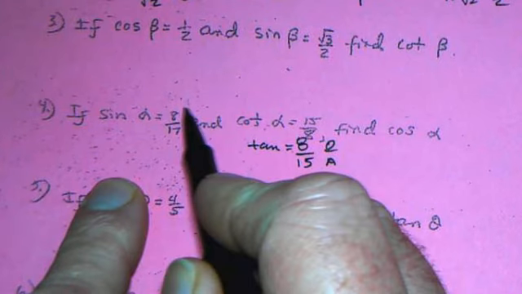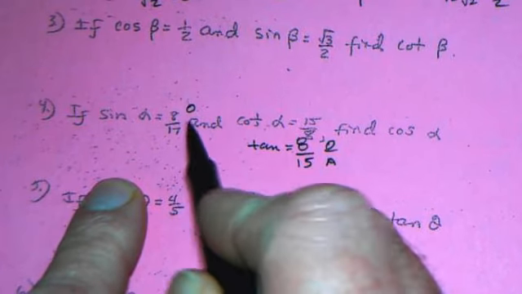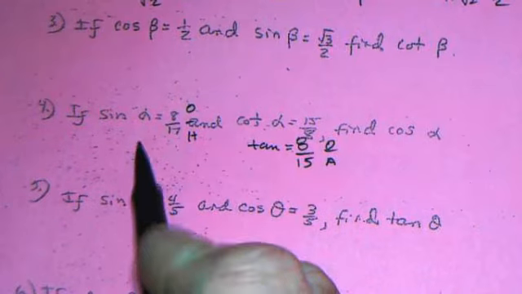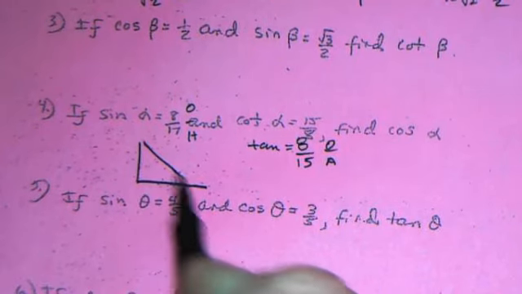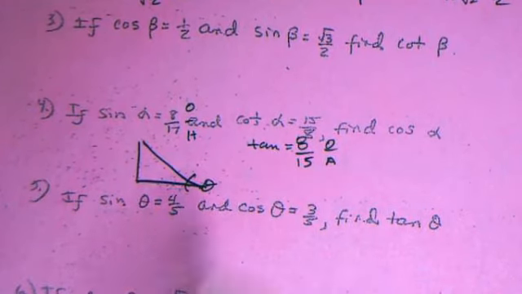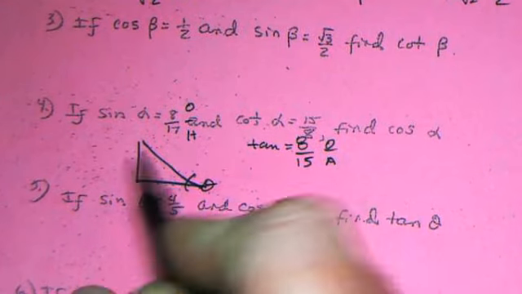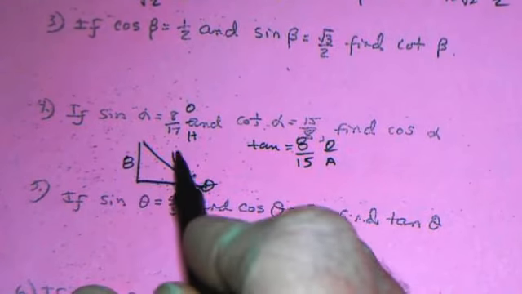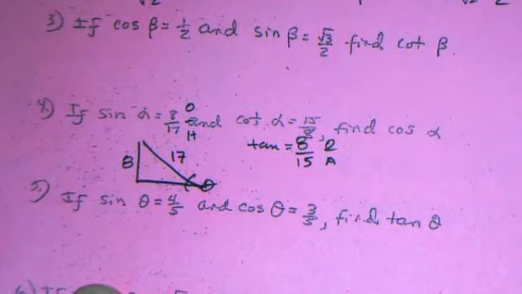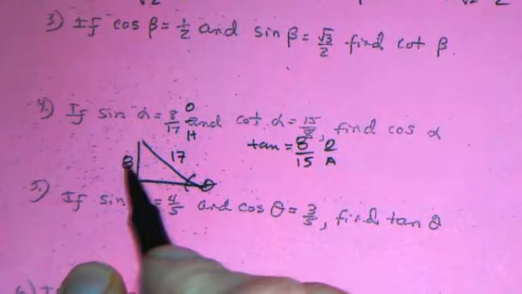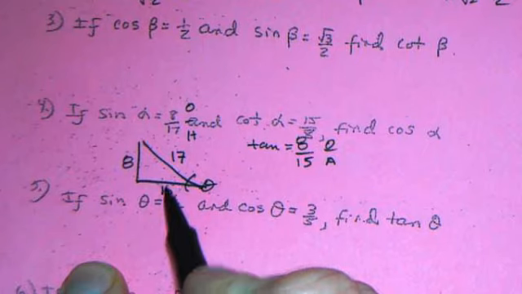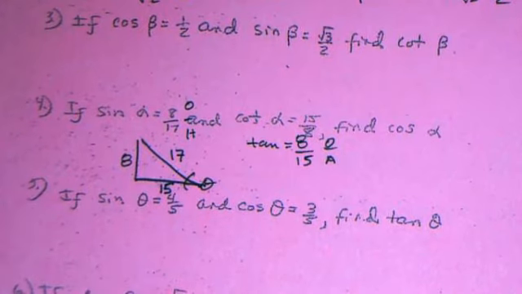That's opposite over hypotenuse. So we want to draw a triangle with those dimensions. We'll let this be our angle. For the sine, we have opposite, which is 8, over the hypotenuse, which is 17. For tangent, we have opposite over adjacent. The adjacent must be 15.